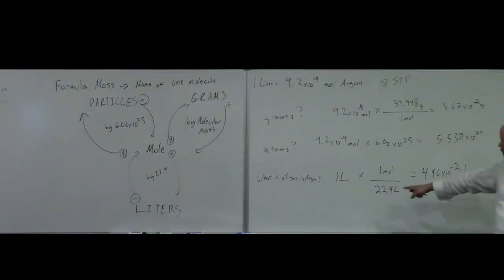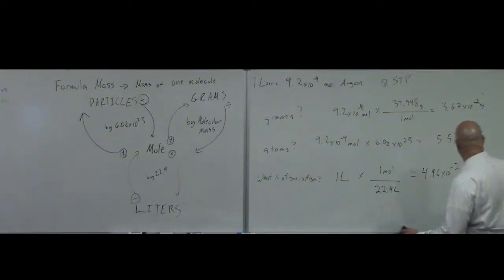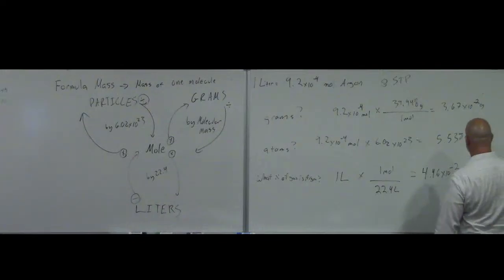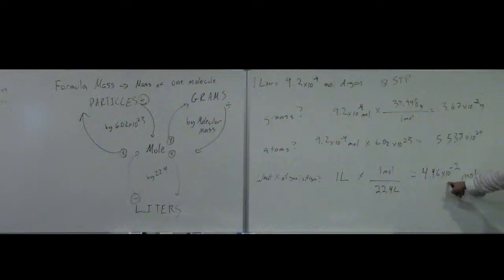Divide 1 by 22.4, that's all I do to this point. So 1 divided by 22.4 equals 0.0446. In scientific notation, that's 4.46 times 10 to the negative 2nd. Now, I wrote liters and that should be moles. Maybe that's what got me all confused. Bless my heart. So that's the number of moles that should be there, right?